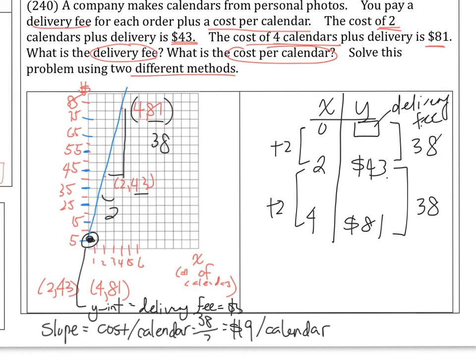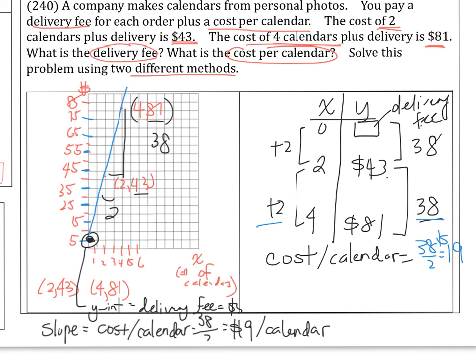So the cost per calendar would simply be 38 over 2, which is $19.